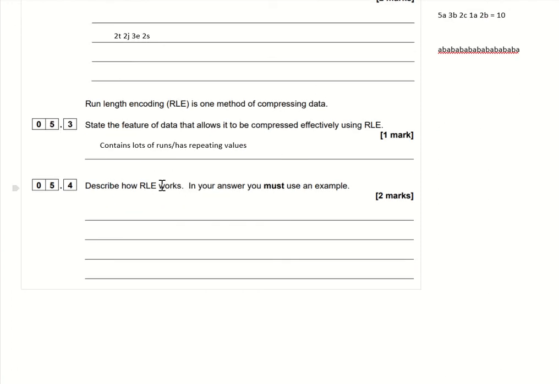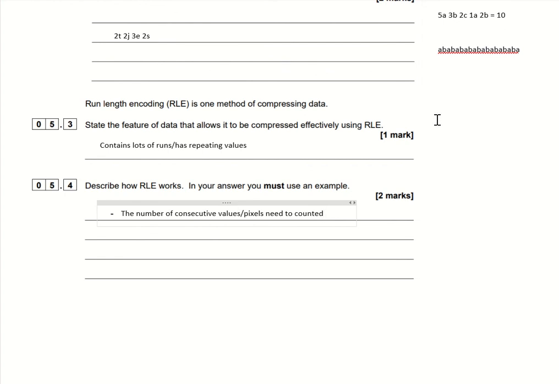This next question says, describe how run length encoding works. You get a few marks for this one, and it says you must use an example as well. So what you're looking for is that the number of consecutive values or pixels, whatever you're talking about in the question, need to be counted.